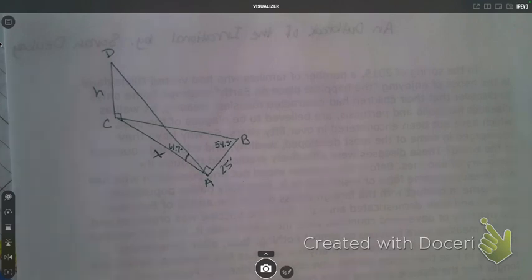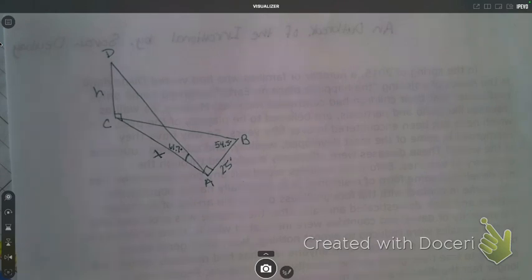Again, we have to start with the triangle on the ground because it's the only one we have two pieces of information on. We cannot do anything unless we have at least two. So X is the part of a triangle that is in both triangles, so it links them.